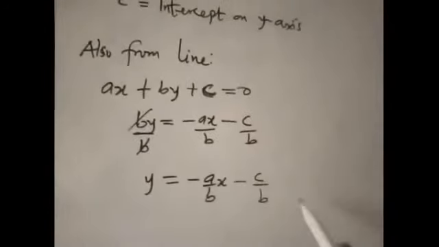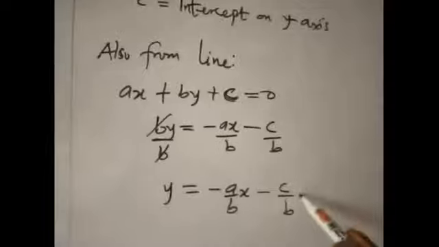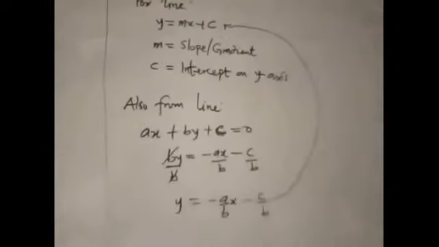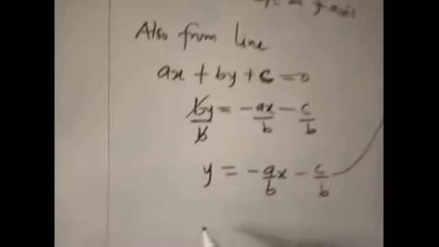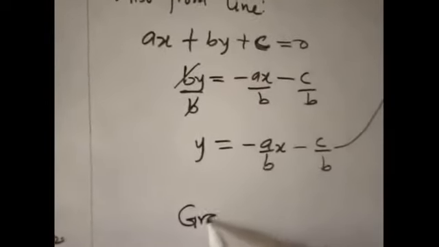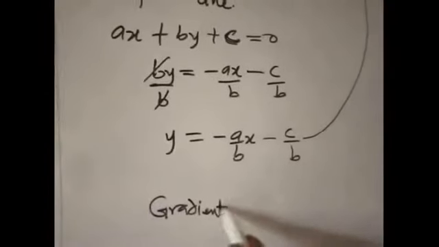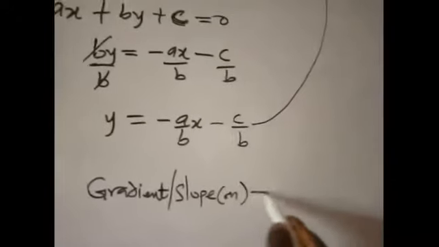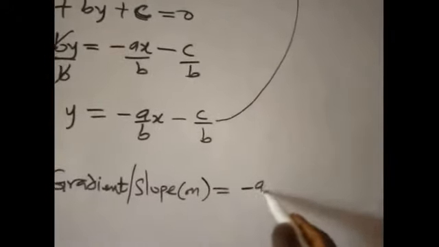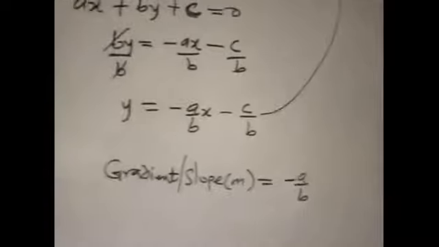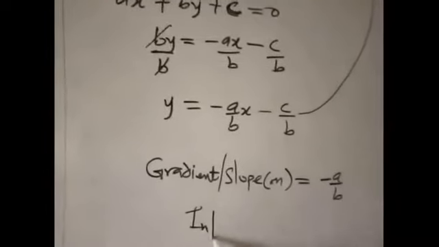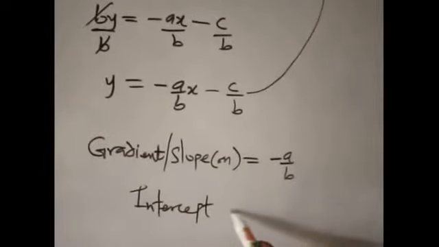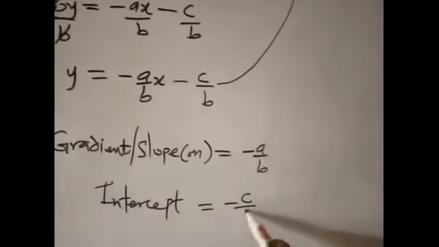If you now compare this equation to the general equation of a straight line, we will see that the gradient or slope equals minus a over b, and the intercept equals minus c over b.